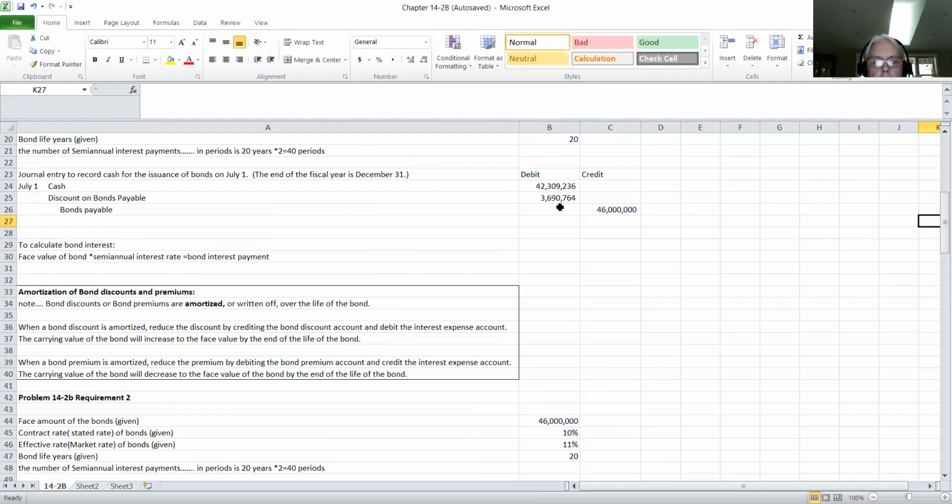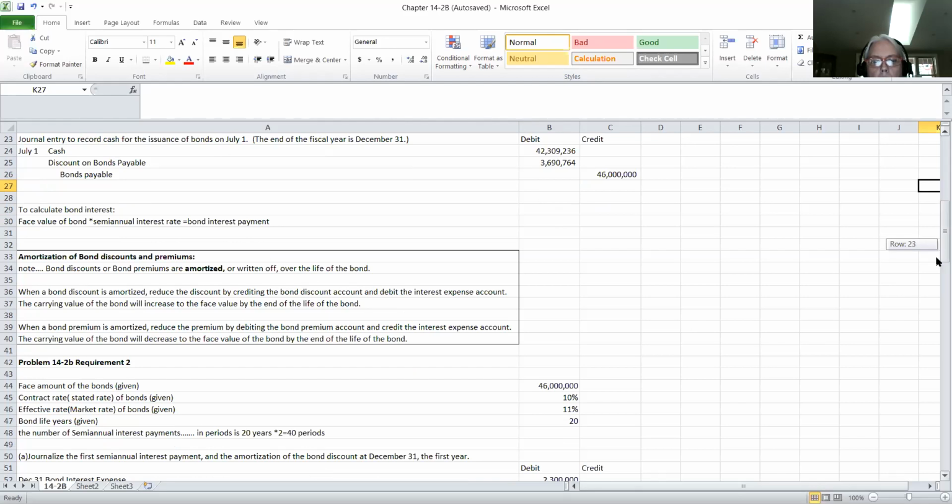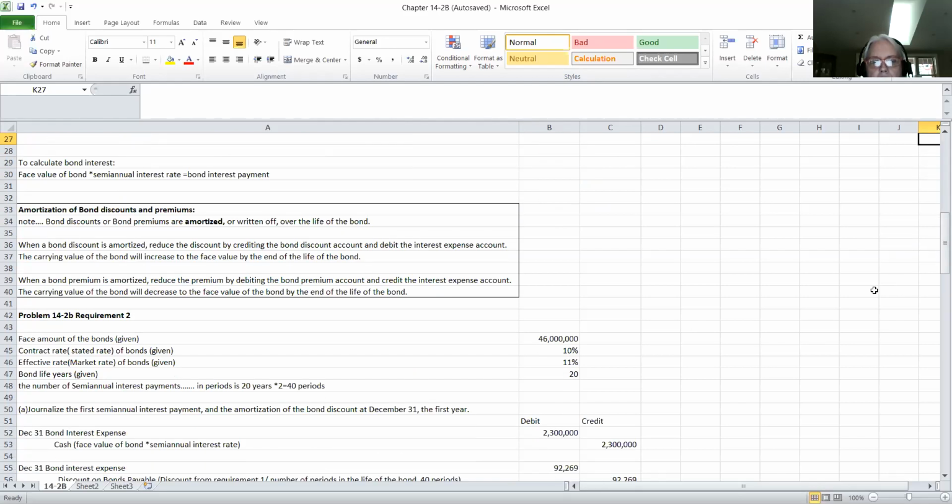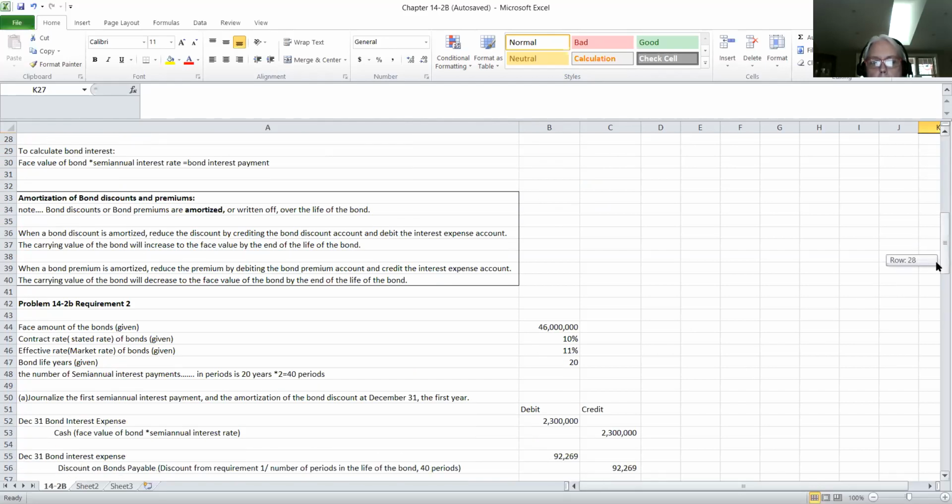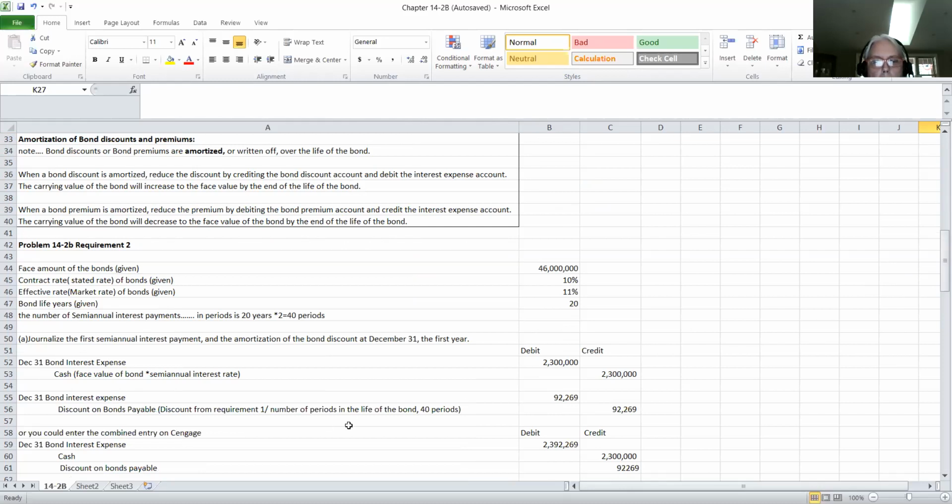That discount amount is $3,690,764. We're going to divide that amount by the number of periods in the life of the bond. Since there are 40 periods in the life of the bond, now this is how I'm getting this.